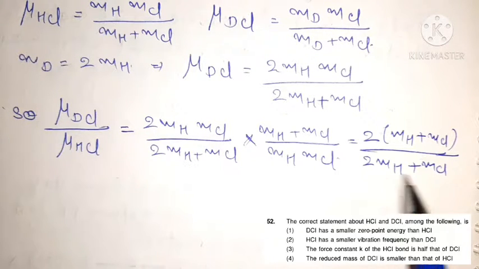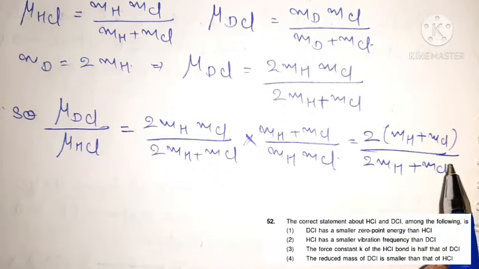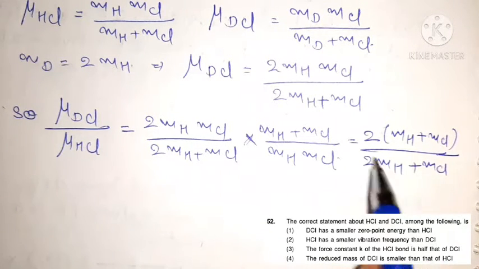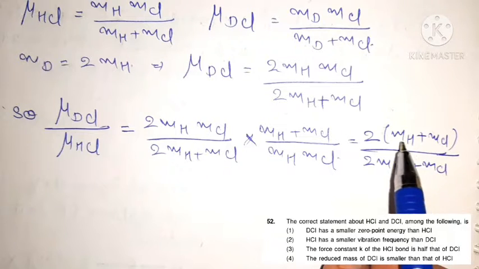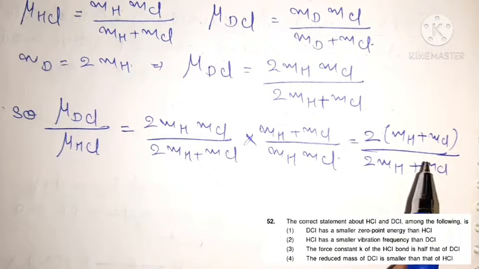Now when you solve this equation, you will definitely get the value greater than 1. Okay, when you solve this whole expression, when you place the values of hydrogen and chlorine respectively, then this whole value will definitely come out greater than 1.